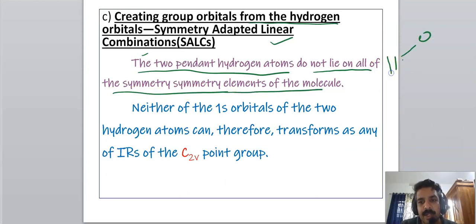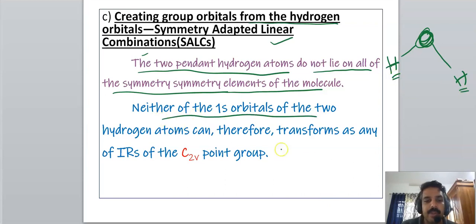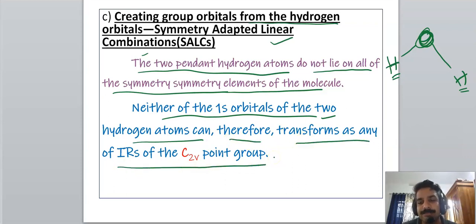In the case of the water molecule, all the elements pass through oxygen. But in the case of hydrogen, the symmetry elements do not all pass through either of the hydrogen atoms. So neither of the 1s orbitals of the two hydrogen atoms can transform as any of the IRs of the C2V group.